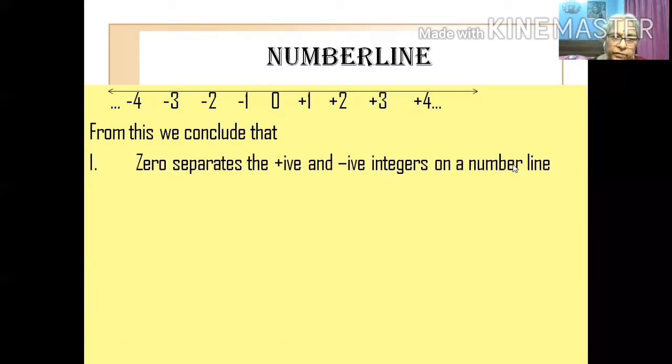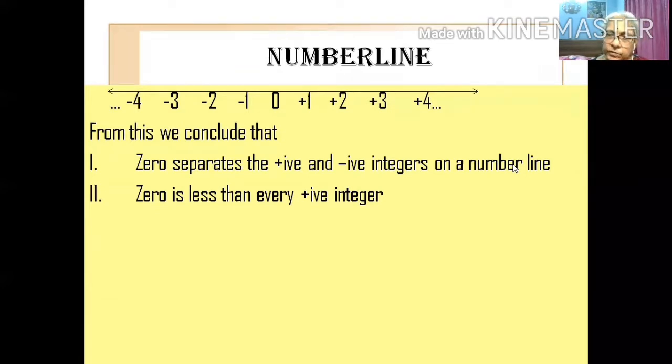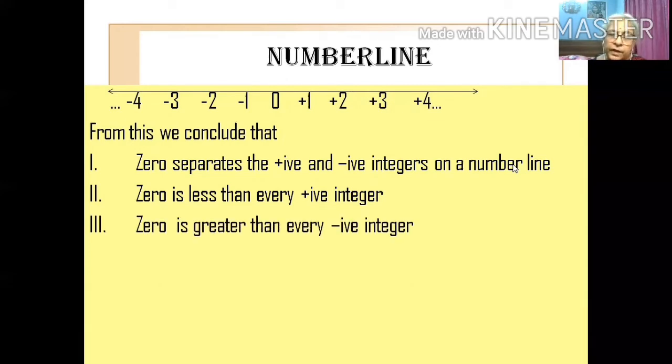From this number line, we conclude, first, 0 separates the positive and the negative integers on the number line. Second, 0 is less than every positive integer, as positive integers are on the right side. And 0 is greater than every negative integer, which is on the left side.